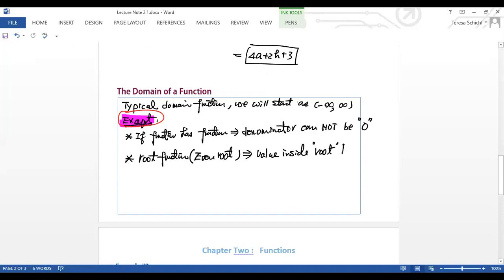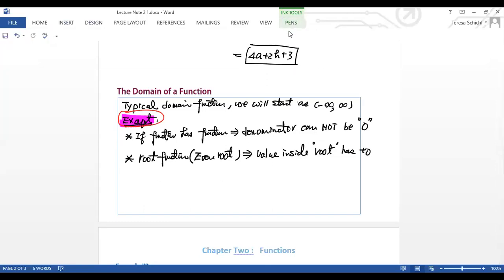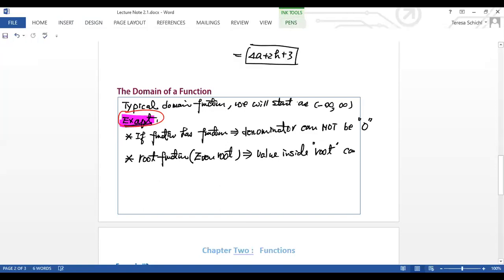What has to happen here? It has to be greater than or equal to 0. Let's say it this way because we're doing the exception: the value inside the roots cannot be negative.